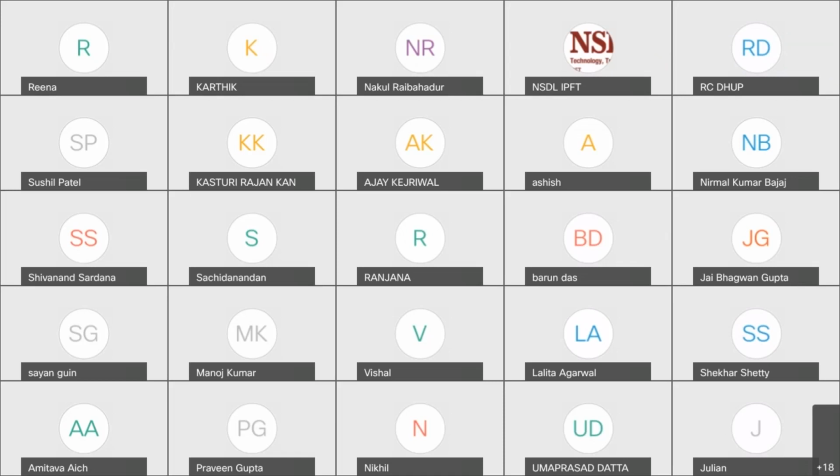So you will have to go to the branch, whichever DP it is, and give the physical instruction, and they will process it, where there is a time loss also. Instead of that, if you apply for SPEED-e, it's a very online process, and as soon as you put in the instruction, it will get executed immediately. So that is the beauty of the entire online system.